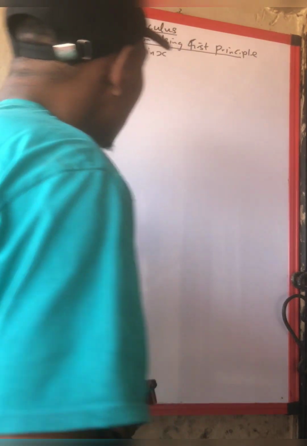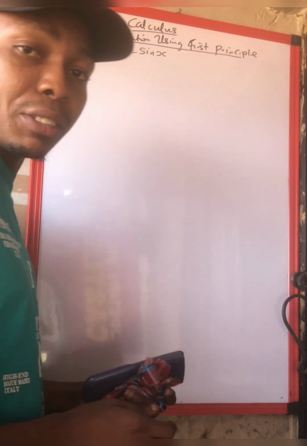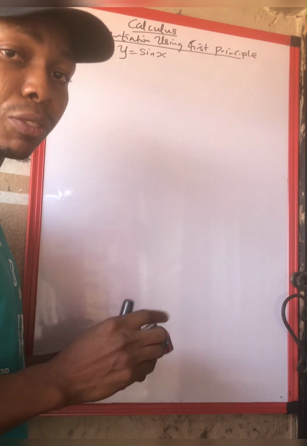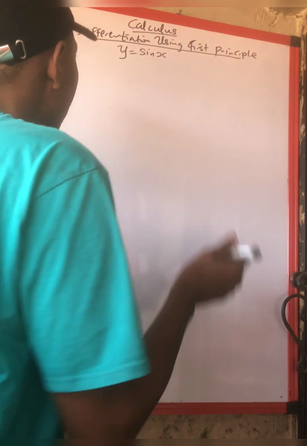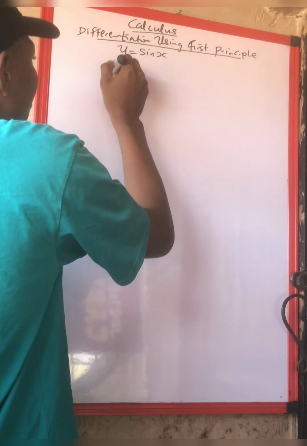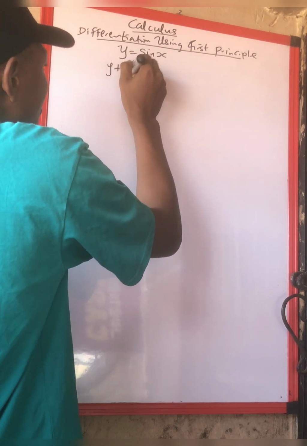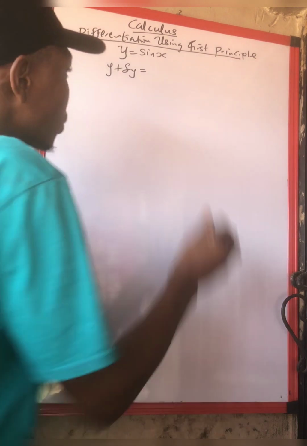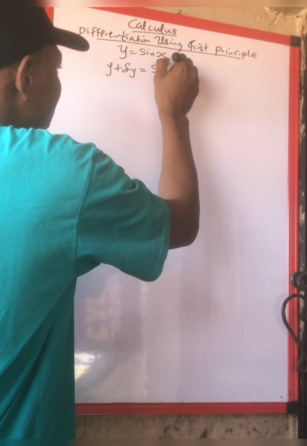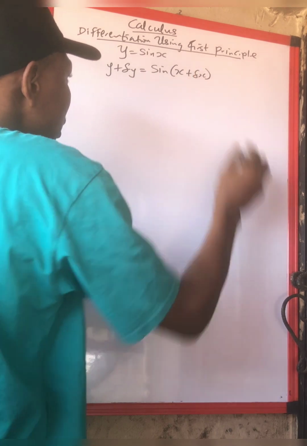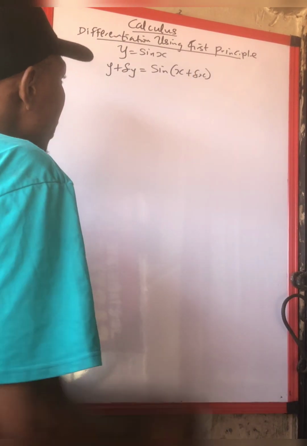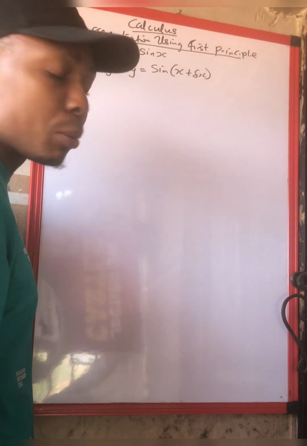Now, if you have a question like this, don't forget in first principle, whenever you differentiate a variable, you have that variable plus change of that variable. Now, this is the same thing as y plus change in y equals sine of x plus change in x. Then what will you do next? You make change in y the subject of the formula.